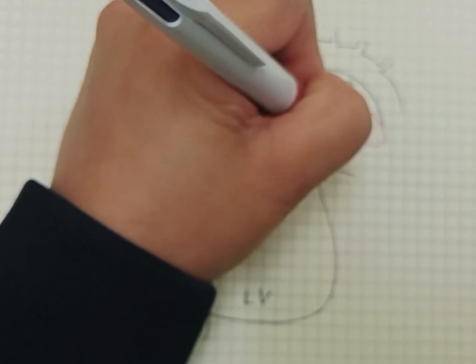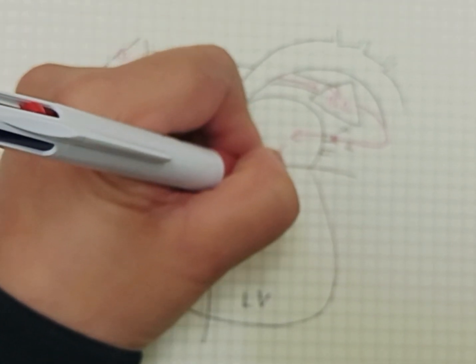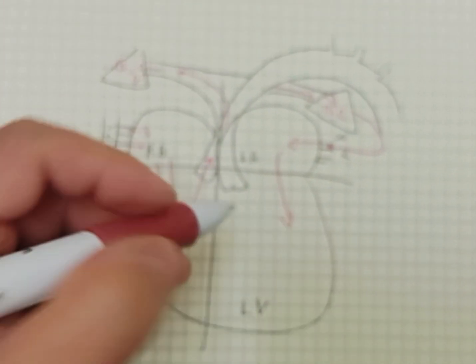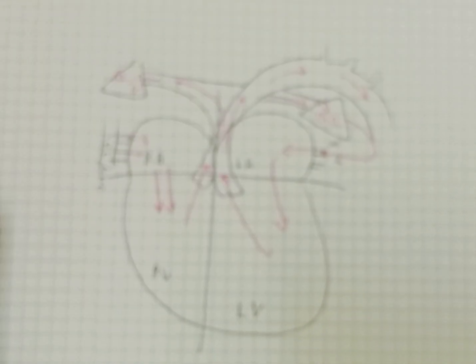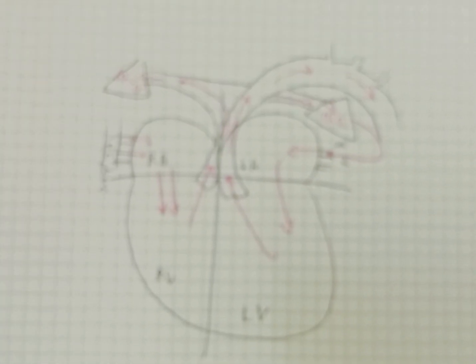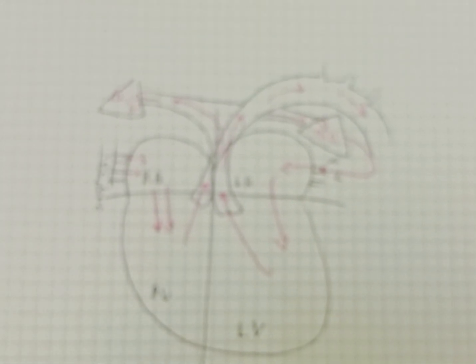From the pulmonary vein it goes to the left atrium, to the left ventricle, and the left ventricle pumps the blood to the aorta. So this is the mechanical circulation, or systemic circulation.